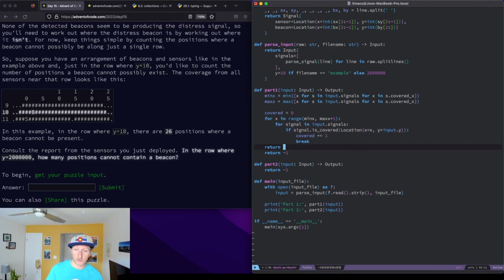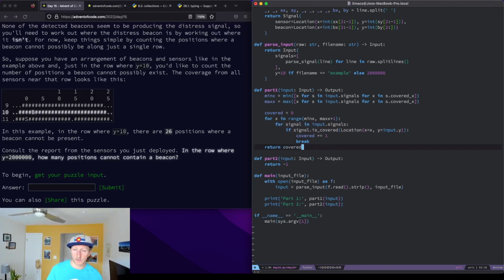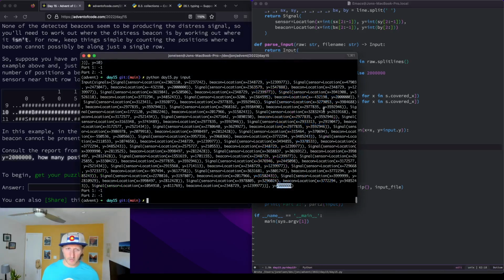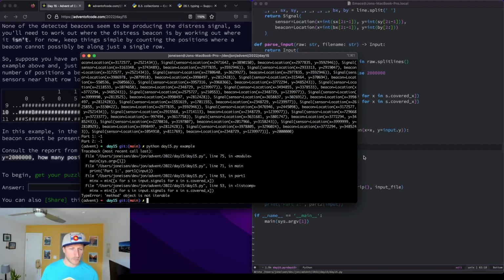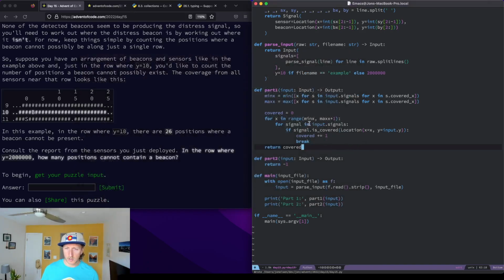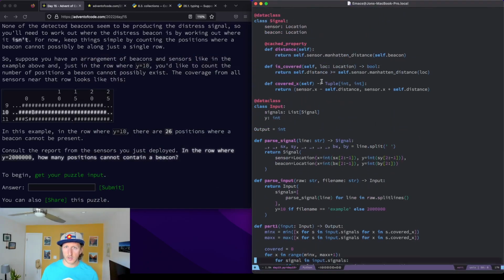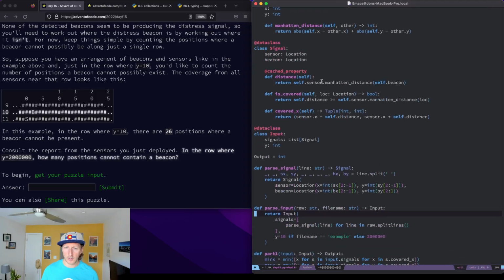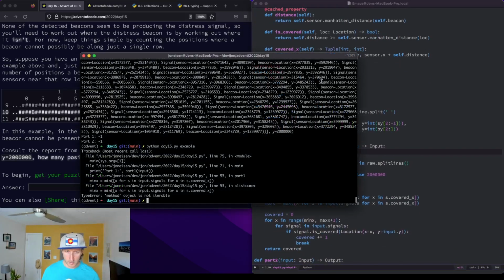And then return covered count. Now, there's probably going to be a lot of numbers in the input case, but because there's only like 20 signals, it's just O of n. So it should be good to run. Method is not iterable.